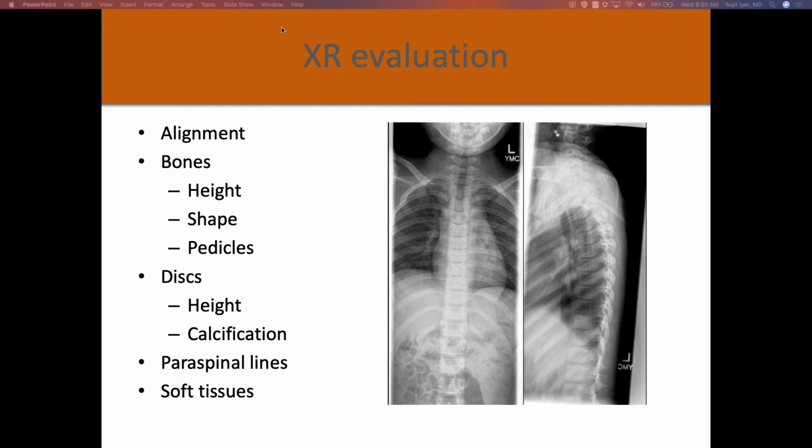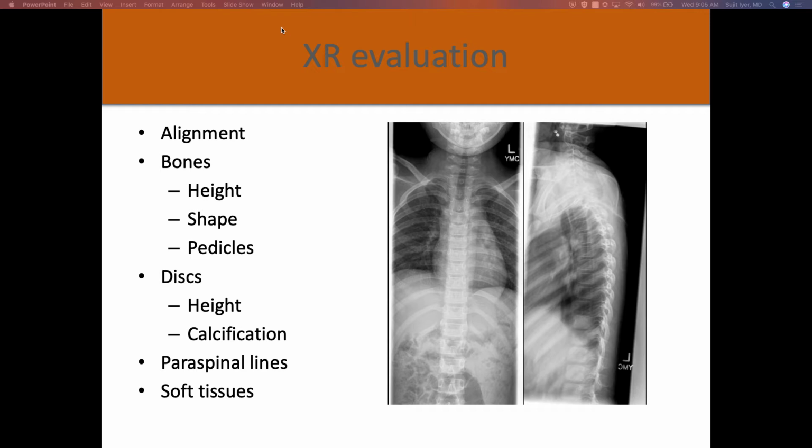And when you're looking at x-rays, we'll go through this in each case, but when you're gauging whether there is anything abnormal, whether it is a normal x-ray, these are the things you're going to want to look for. Basically, is there any asymmetry? Does the shape look the same throughout? Is it uniform?